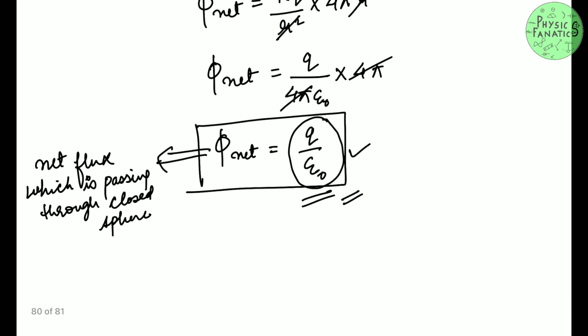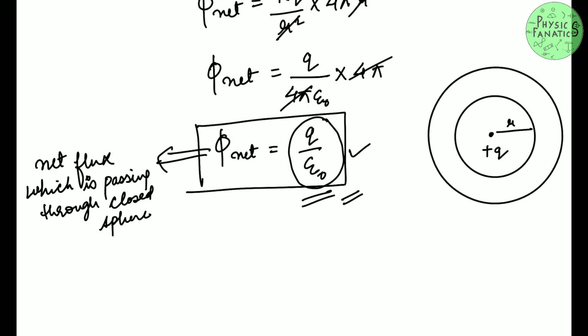It says that if I had plus q charge and a closed sphere of radius r, or 2r, or 3r, whatever it is, the net flux passing through it would have come out to be q upon epsilon naught, because there is no term which talks about the radius or the size or the dimension of the figure that you are making.